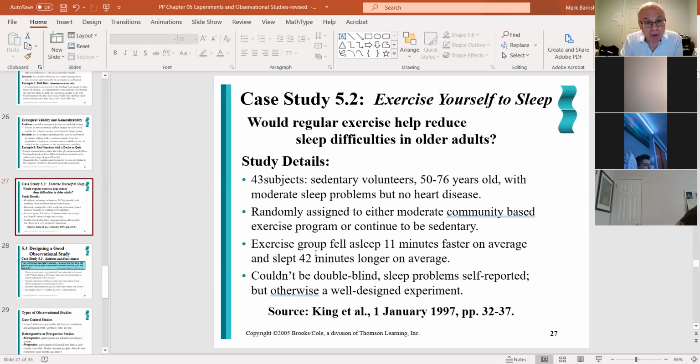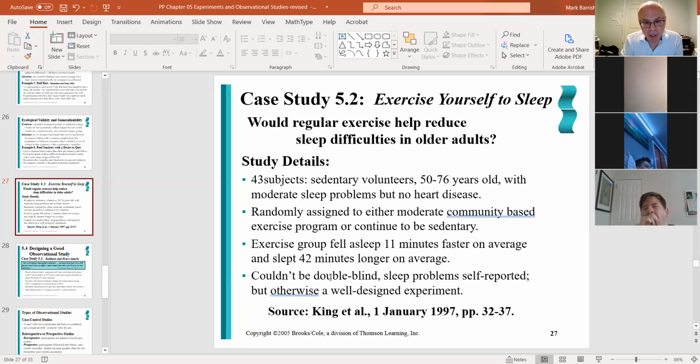So what did they find? They found that the exercise group fell asleep 11 minutes faster on average and slept 42 minutes longer on average than the people who did not get the exercise. Now the question is, is this a blinded experiment? Well, it couldn't be blinded, right? Because the people in the study were either exercising or they weren't. So there's no way for them not to know.